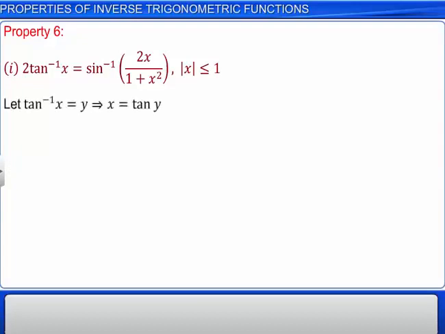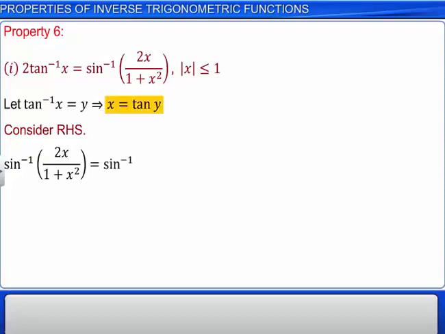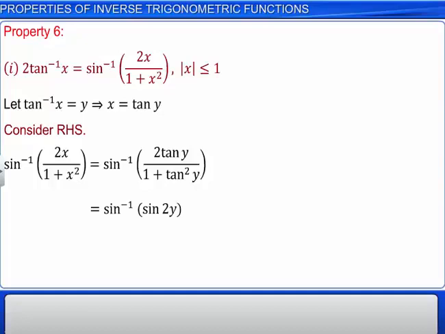Let us assume that tan inverse x is equal to y. This implies x is equal to tan y. Consider the right-hand side, sine inverse of 2x upon (1 plus x square). Substituting tan y in place of x, we get the right-hand side as sine inverse of sine 2y.